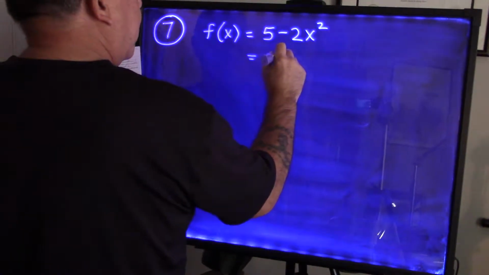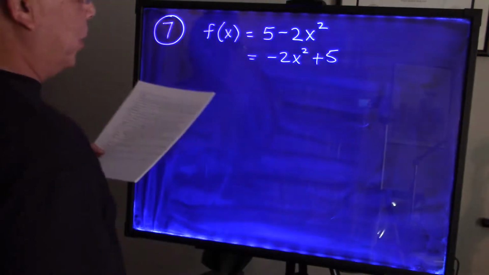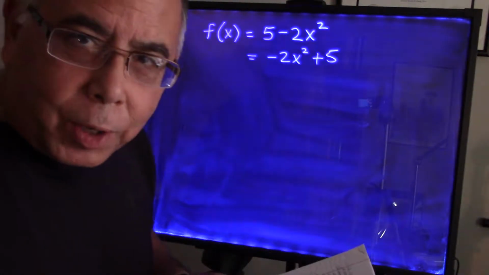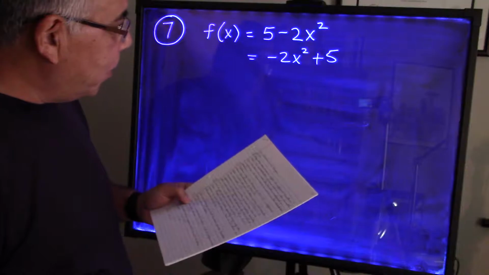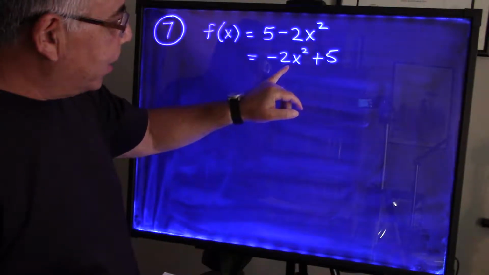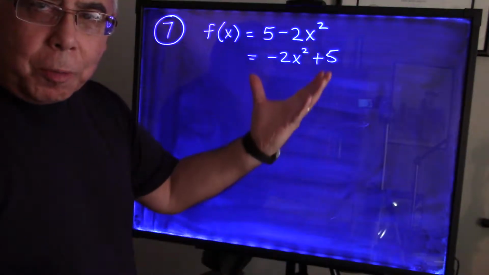Or, if you prefer, negative 2x squared plus 5, which is equivalent. So this is our familiar quadratic function. It's a parabola that opens downwards. I know it opens downward because the leading coefficient, which is next to the x squared, is negative. If it were positive, it would open upward.